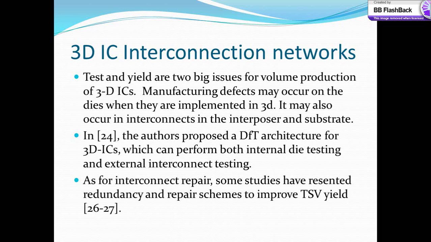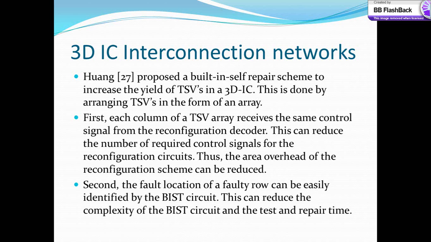So in order to make sure that the yield of our design is good, we have to make sure that the interconnection network does not have a short on it, or it's not open anywhere. So there are tests which try to figure out whether the interconnection network that is being designed is okay. And so Huang proposed this self-repair scheme to actually figure out the interconnect faults.